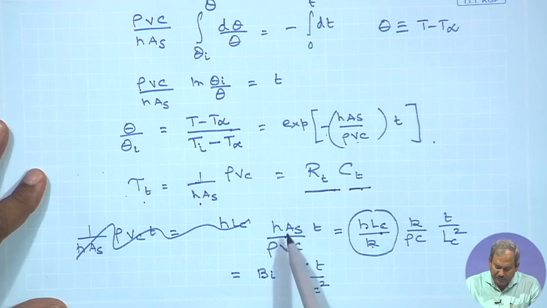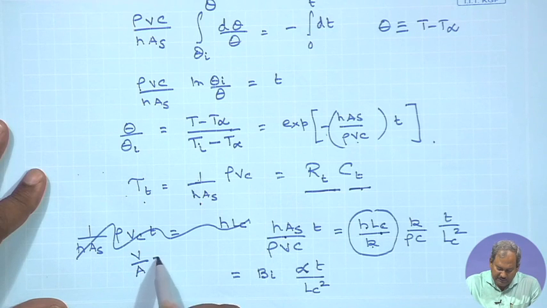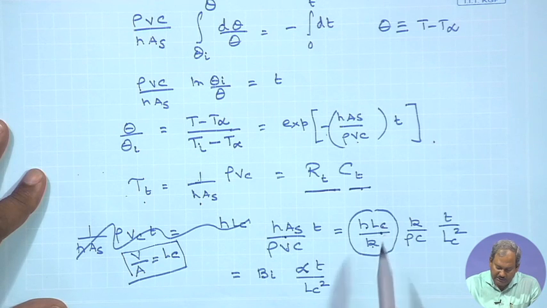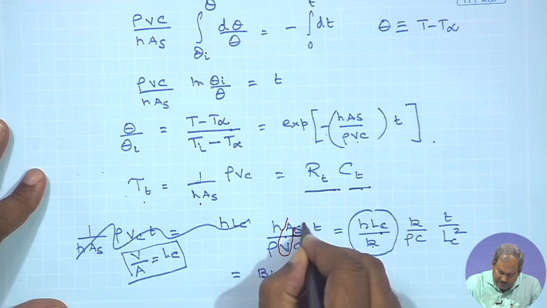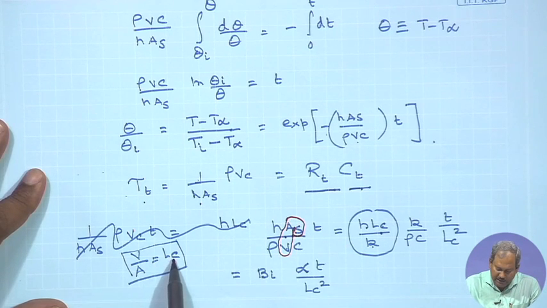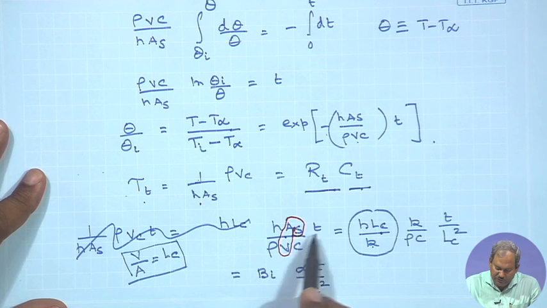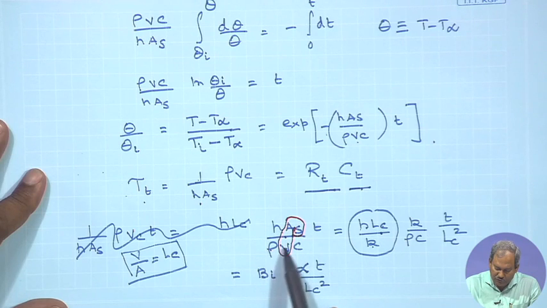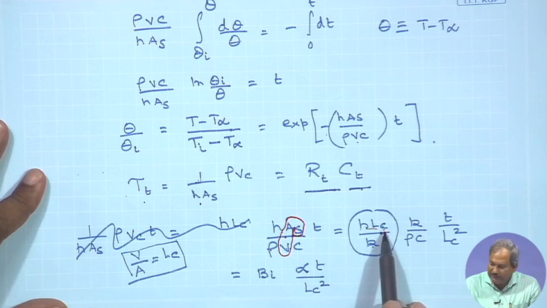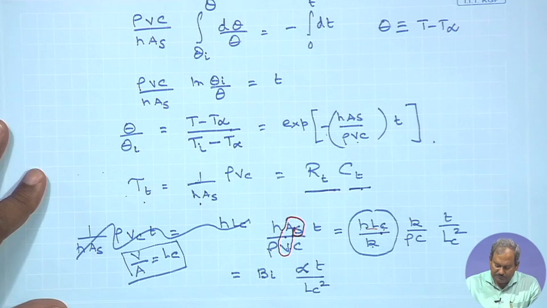You remember that V by A is the characteristic length of the system, which I have plugged in here, and since I have added an L C, here I have L C square. So, V by A in here is substituted by L C. So, I have h L C by rho times t, so h times rho L C. I brought in another L C over there, and I have this formula.